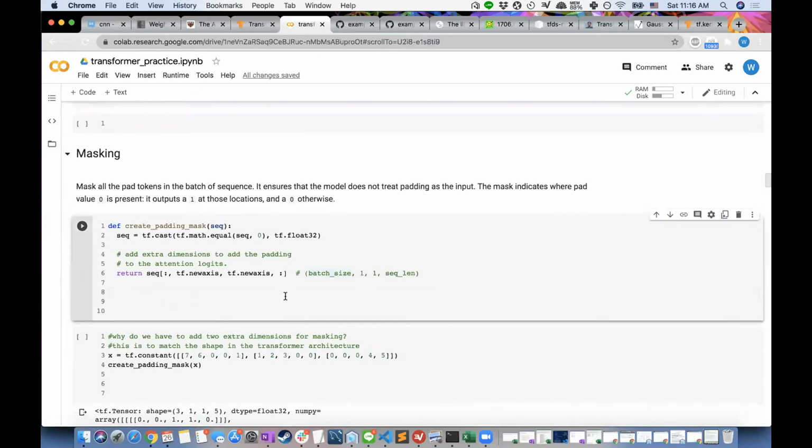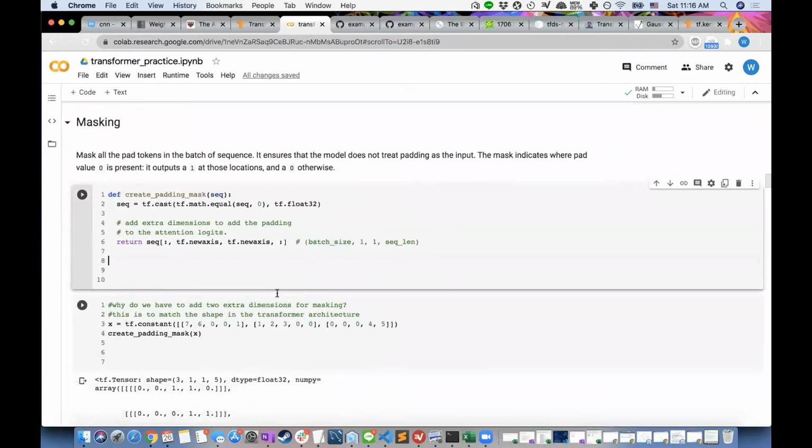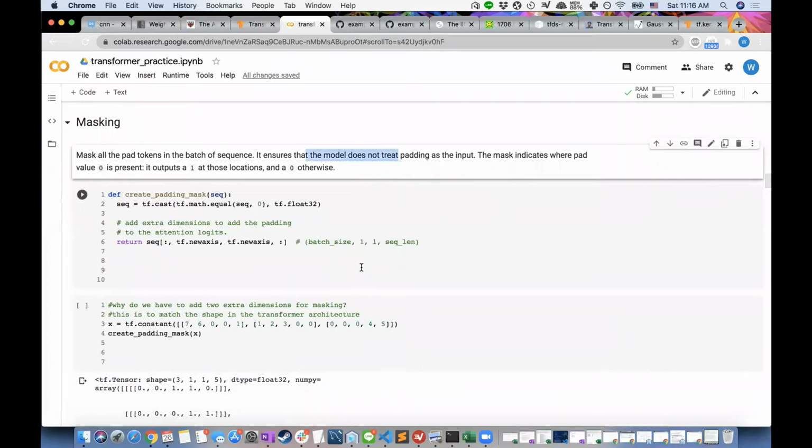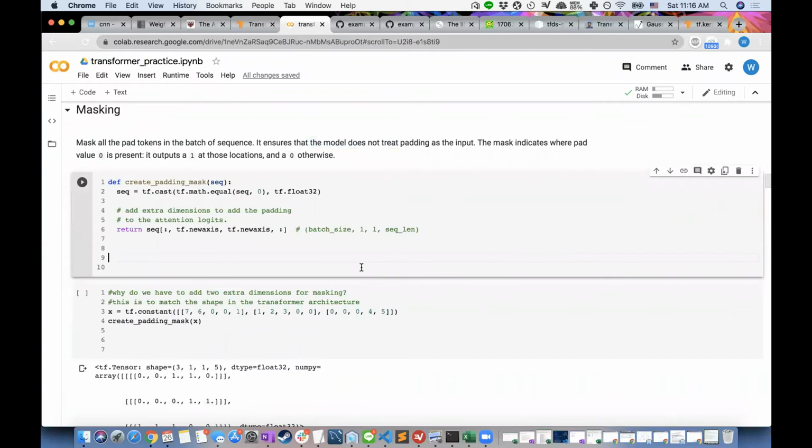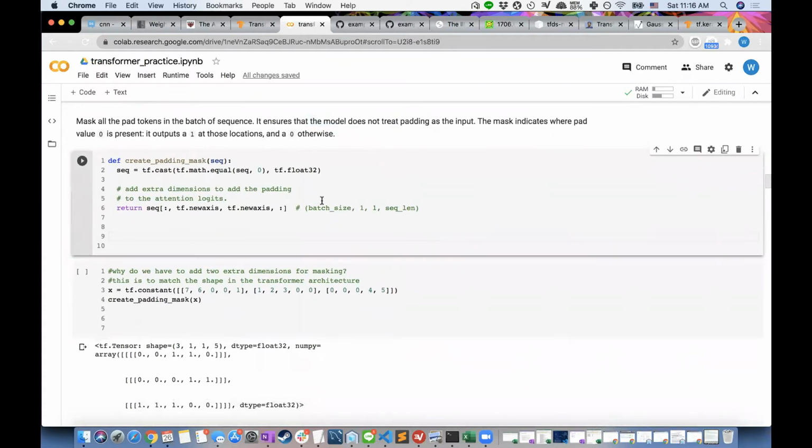And we also went through masking. Again, masking just helps you to ensure that the model does not treat padding as input. The mask indicates where pad value 0 is present. It outputs a 1 in those locations and a 0 otherwise.